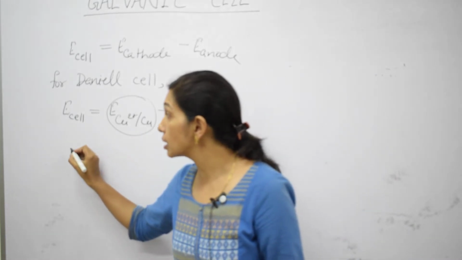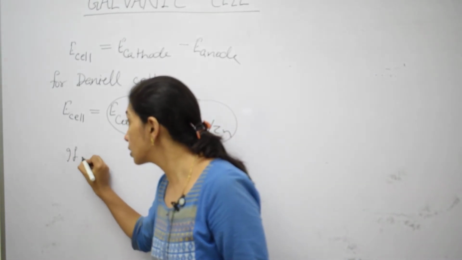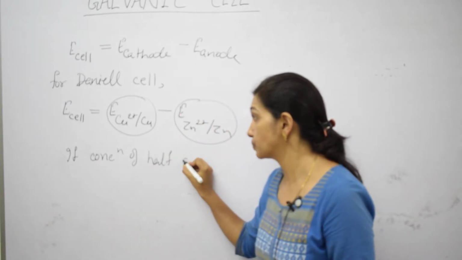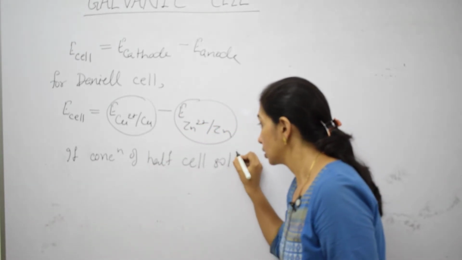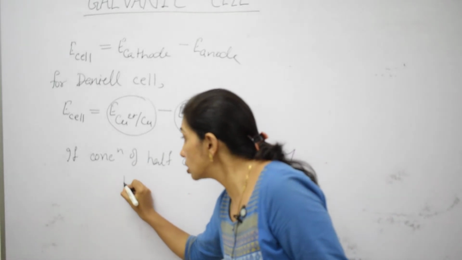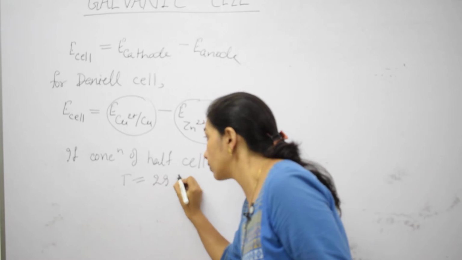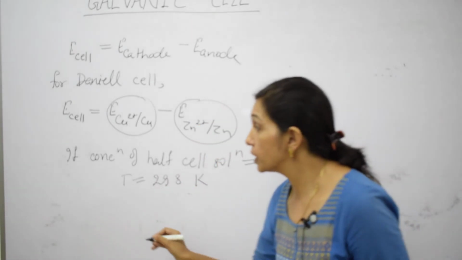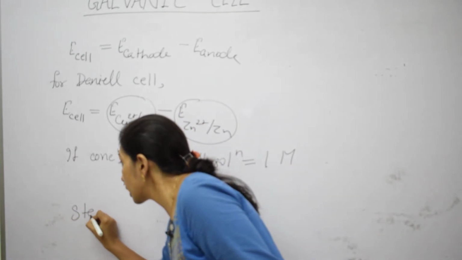Now, if the concentration of half cell solutions is unity, meaning 1 molar, and temperature 298 Kelvin, then the electrode potential will be termed standard electrode potential.